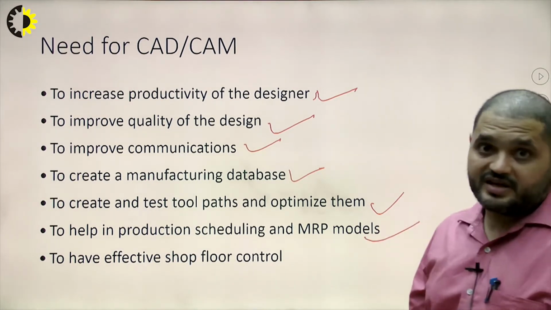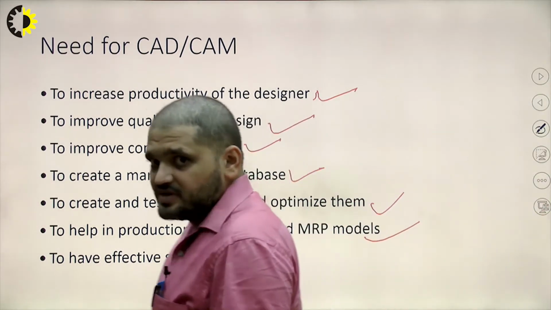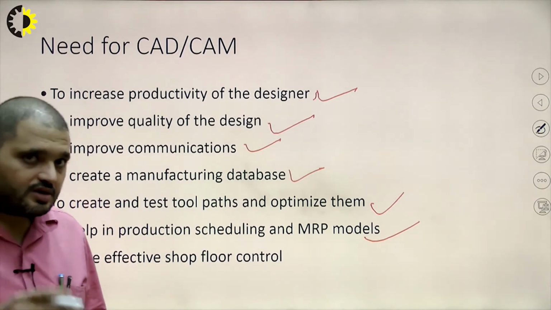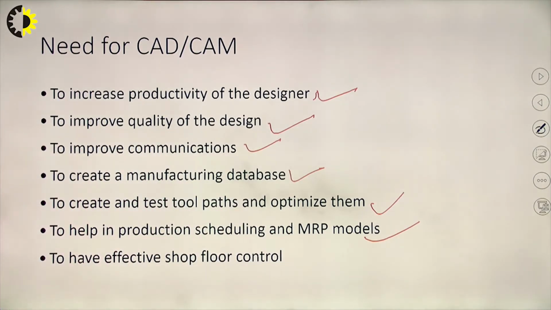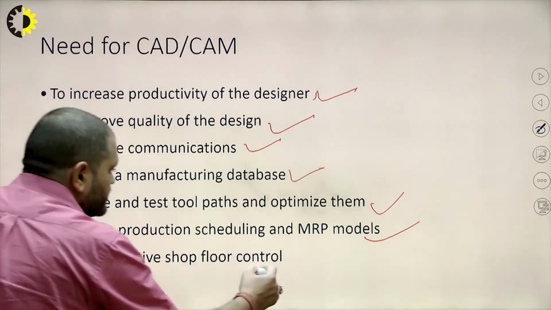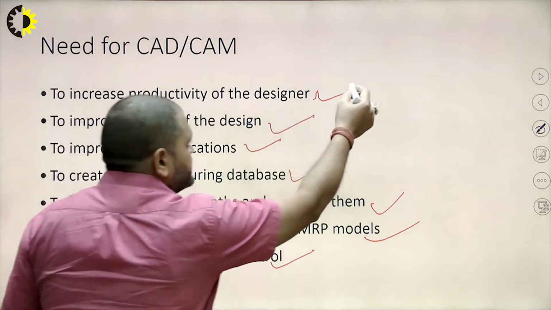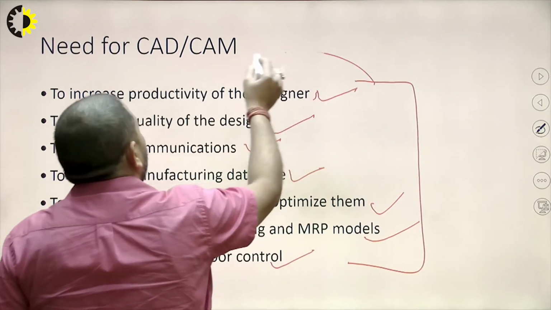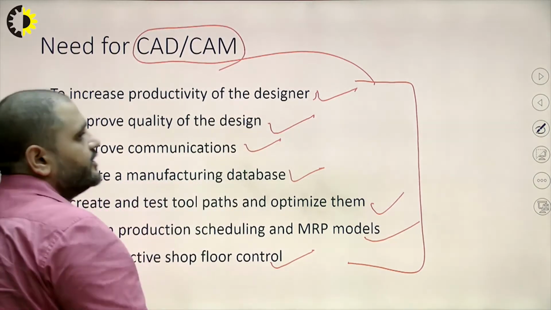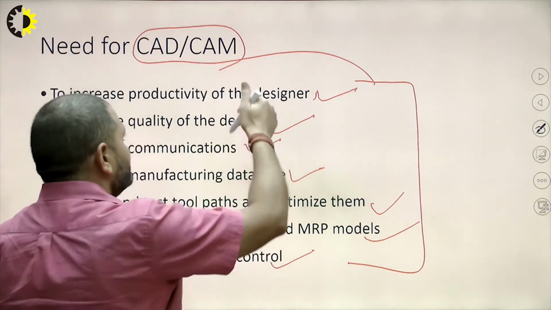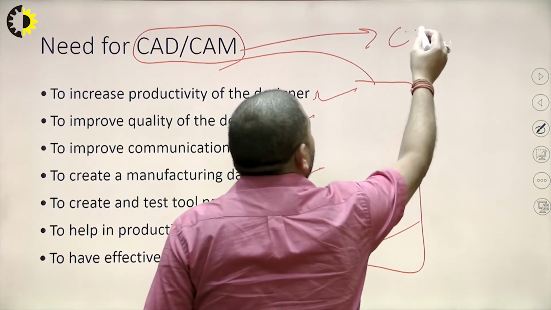This MRP is not maximum retail price, obviously. We will study MRP and MRP2 later in this subject. Then, to have effective shop floor control. So because of these reasons, we require CAD/CAM. And you know, the combination of CAD/CAM is known as CIM, Computer Integrated Manufacturing.